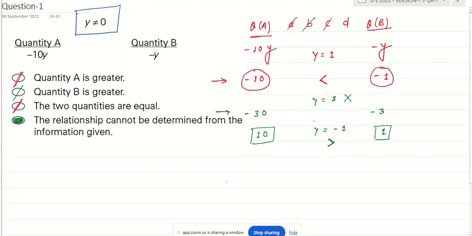Understood? See, the assumption y equals 1 and y equals 3 are the same kind of assumption, isn't it? Because it did not make a difference, the same thing. But y equals minus 1 made a difference, where I could eliminate option B also.